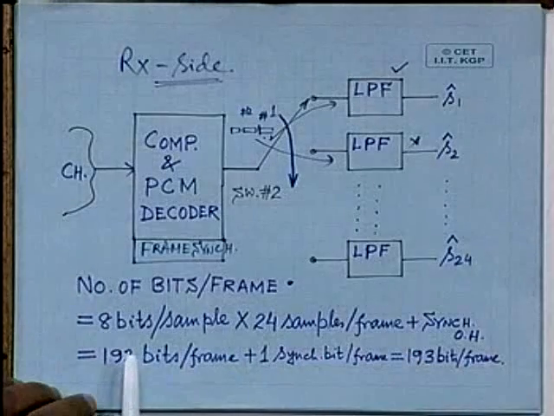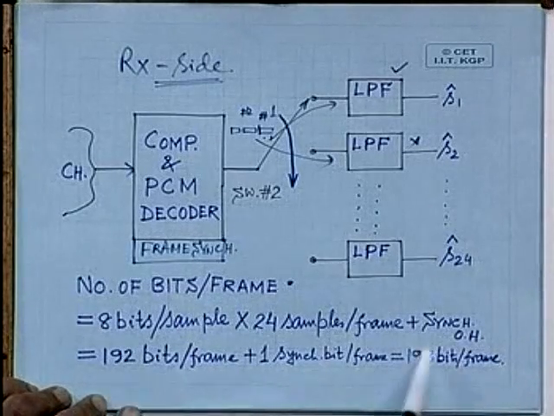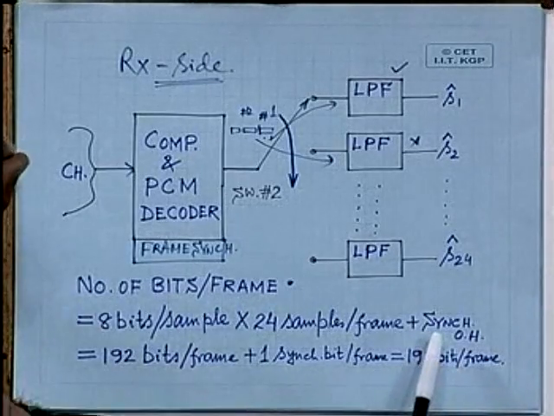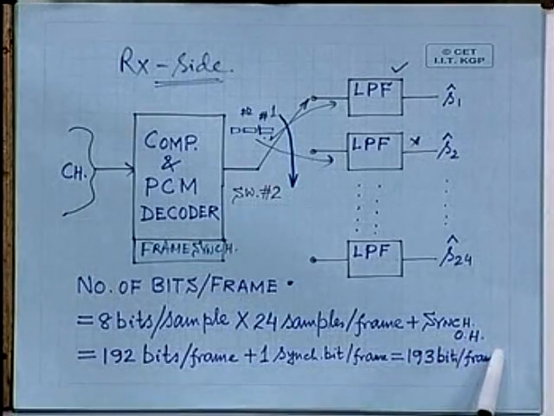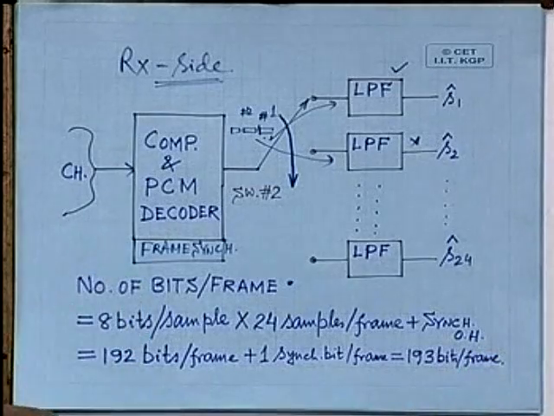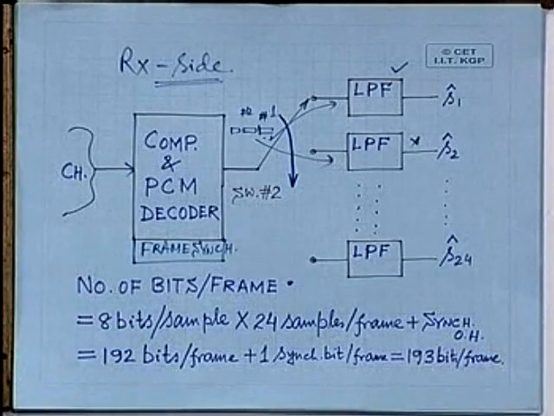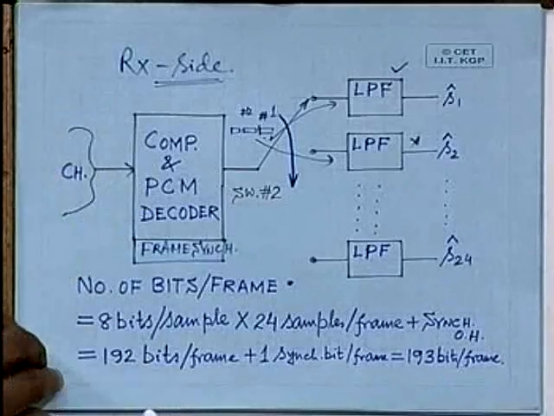And then the number of bits to be accommodated in a frame is 8 into 24 plus 1 sync bit for synchronization. We call it a synchronization overhead. These additional bits are put here and there for specific reasons, and all of these are very necessary to ensure that the signal goes in a formatted manner and can ultimately be disseminated to the respective users, with no mismatch between multiplexing and demultiplexing.